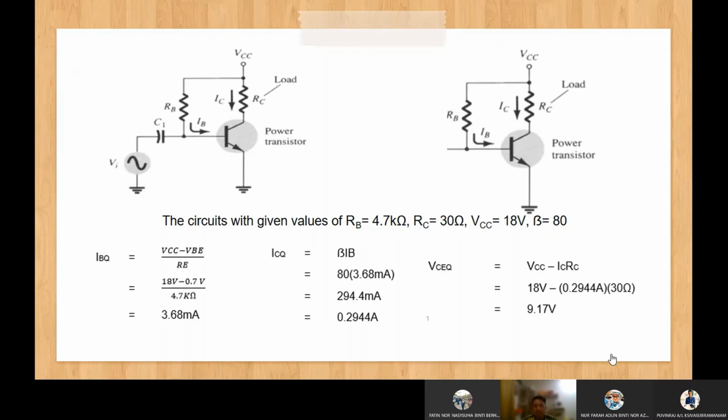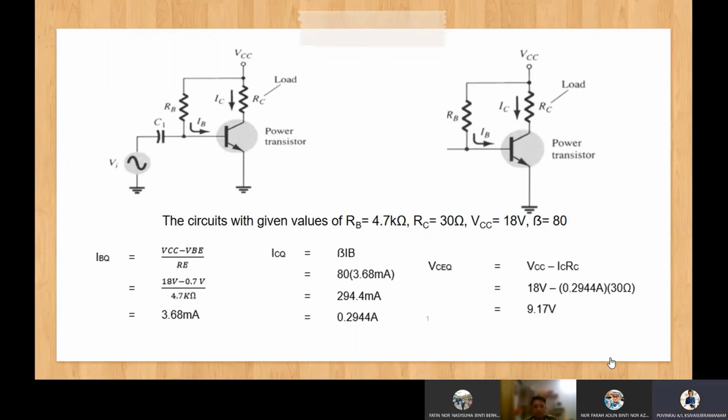And for the ICQ, we take the value from IB and multiply it by the beta value, and we obtain that ICQ is equal to 0.944 ampere. And the last is the VCEQ value, using VCC minus VC, where VC is derived as ICRC.